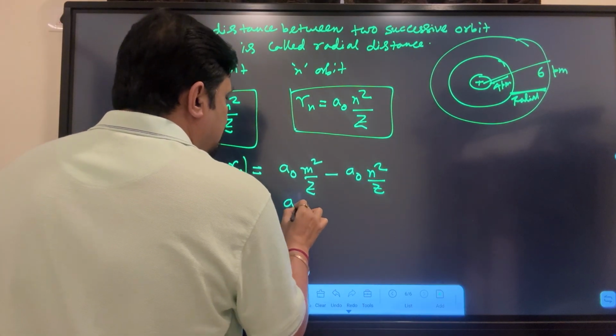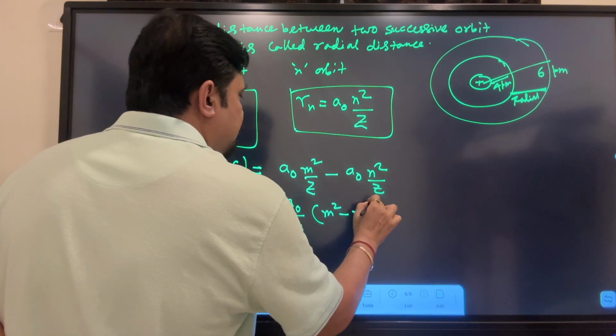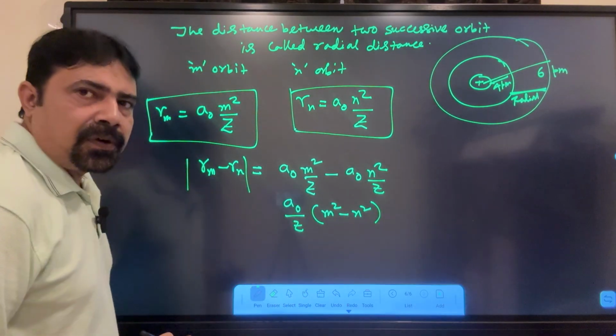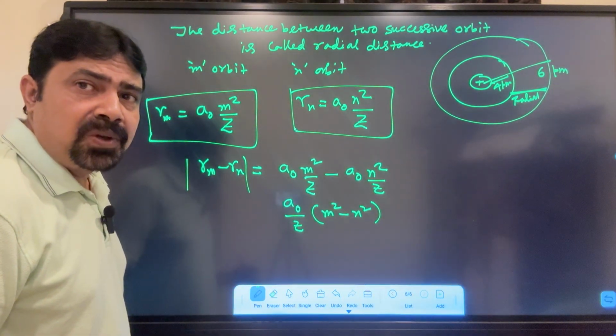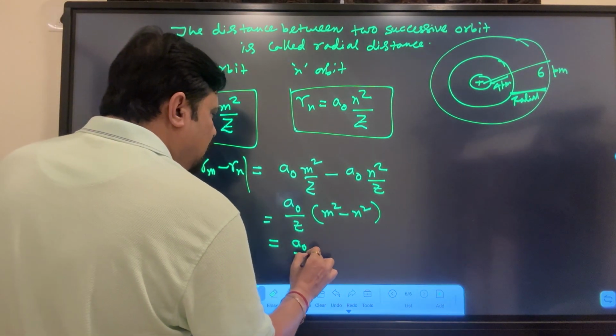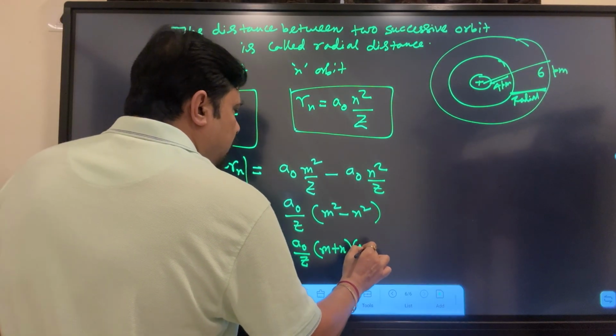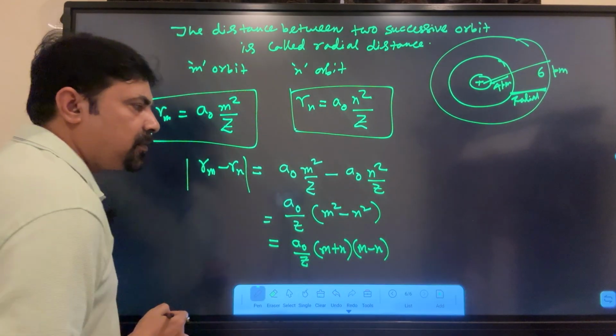Taking a naught by z common, we get m square minus n square. Since a square minus b square is a plus b into a minus b, this becomes a naught by z into m plus n into m minus n.